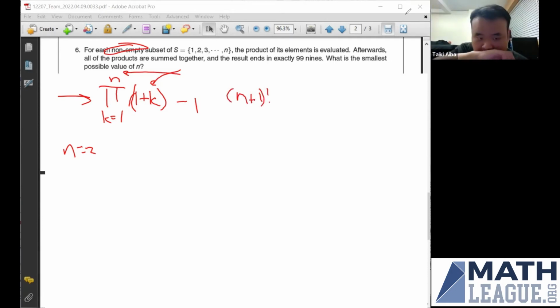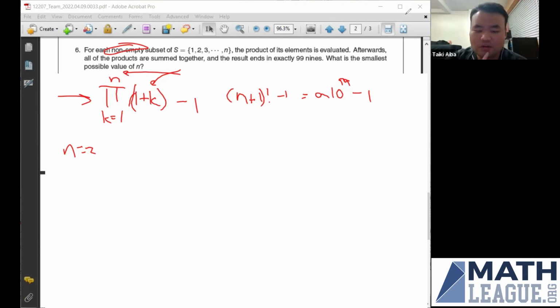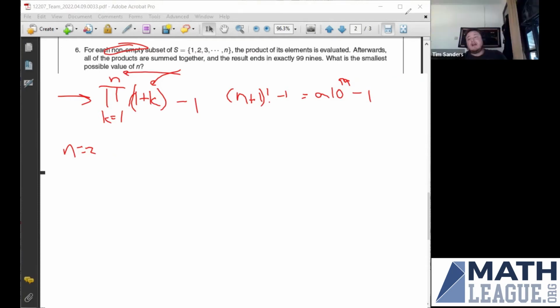Yeah. Minus 1 is going to equal something times 10 to the 99, minus 1. Does that sound right? Yeah, as long as a is a natural number, something times 10 to the 99 is going to give us 99 zeros at the end.